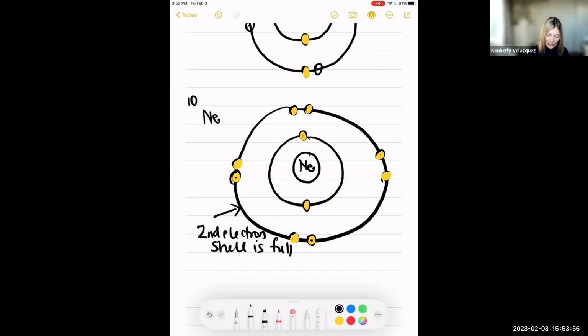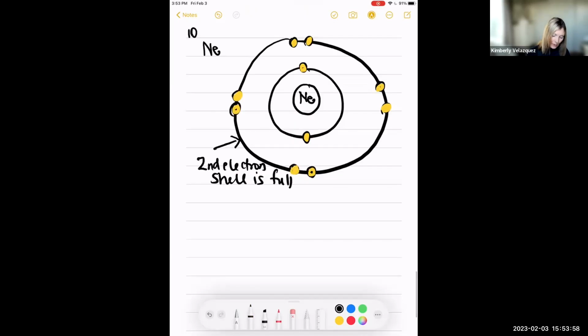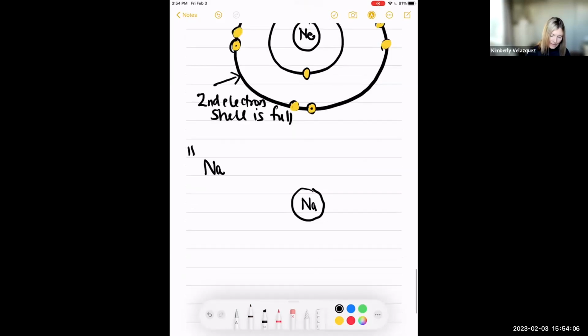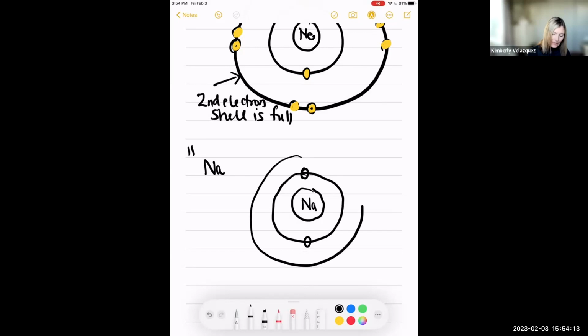Once we get beyond the second shell, if there are more, so sodium is atomic number 11. It's the last one I'm going to draw today, I promise. First electron shell holds 2, second electron shell holds 8. So 1, 2, 3, 4, 5, 6, 7, 8, 9, 10. But sodium has 11.